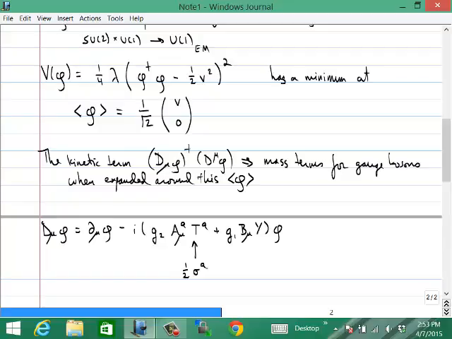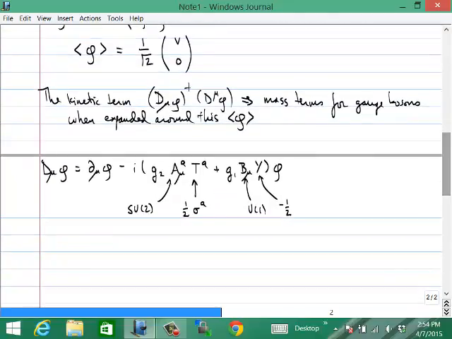And here, A mu A are the SU(2) gauge fields, and B mu is the hypercharge gauge field. Y is the value of hypercharge for the Higgs field, which is just minus 1/2. And G1 and G2 are the gauge couplings for the SU(2) and U(1) gauge fields, respectively.